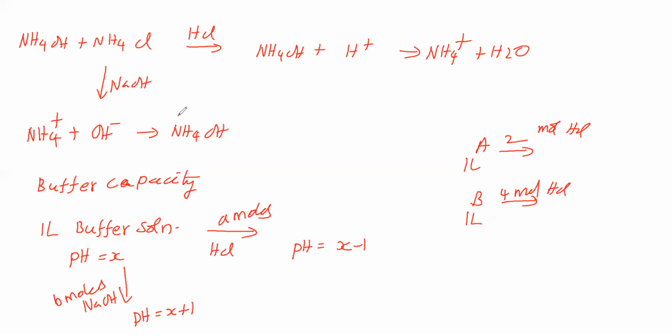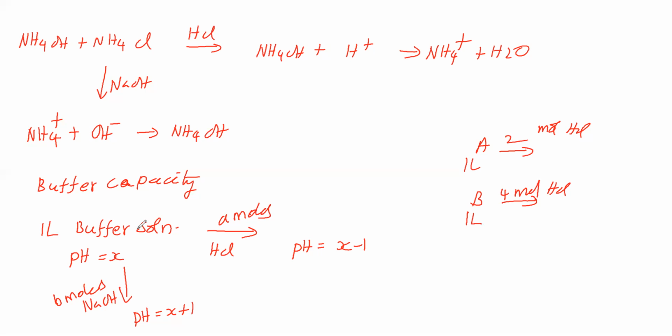This indicates how to choose a buffer solution. Now we want a buffer solution, and we want to know how efficient it should be. So we should know about the efficiency of a buffer solution.